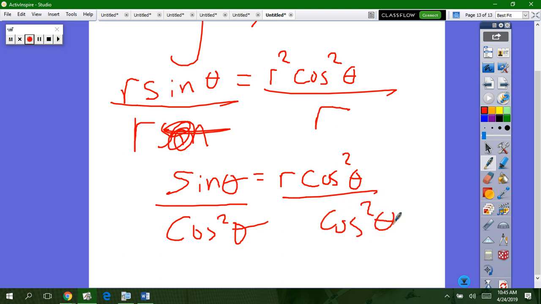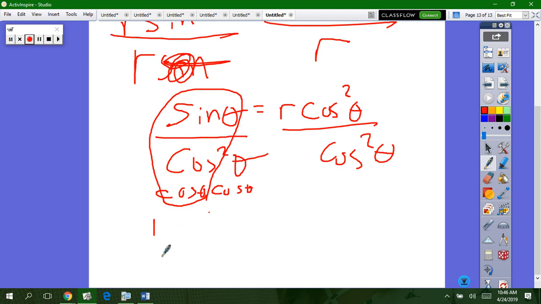What's another name for cosine squared? Don't tell me 1 minus sine squared. Just cosine times cosine, right? What is sine over cosine? Tangent of theta.